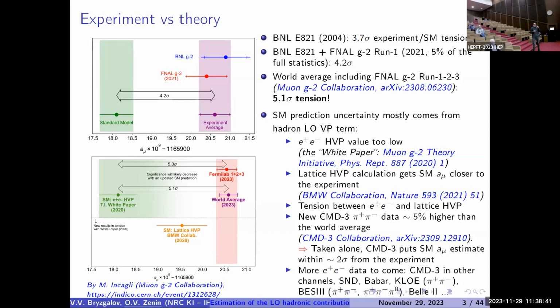So there is a 5 sigma tension between the standard model estimate and the experimental value. And here the lattice result is shown, which is somewhat closer to the experiment. Maybe this is just a coincidence, but okay, we'll discuss some implications of this later.